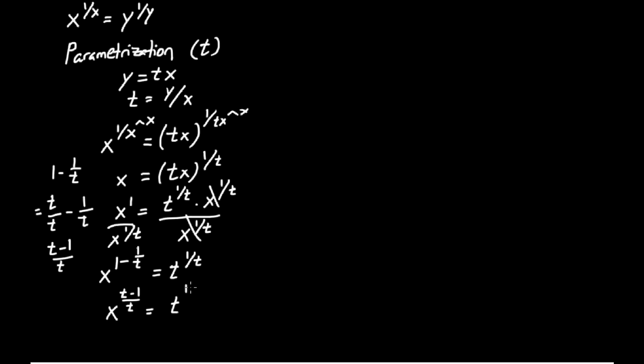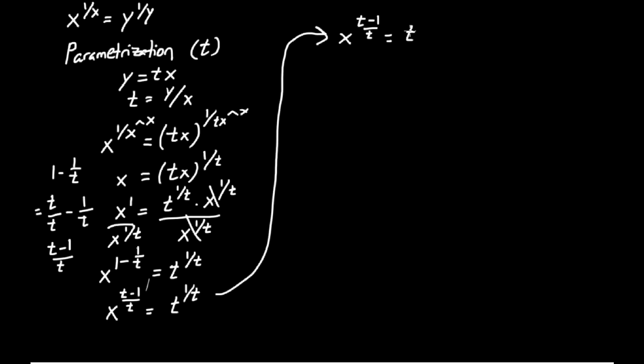And again, that's equal to the right-hand side, which is unchanged. And now for the last trick, I want to solve for x. So I'm going to raise both sides to the reciprocal of this power. Let me just copy what I have down there. x to the t minus 1 over t is equal to t to the 1 over t.